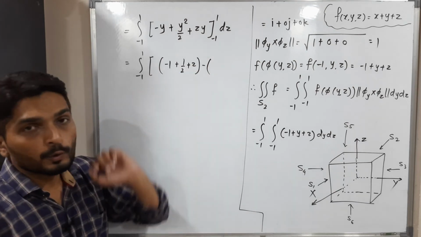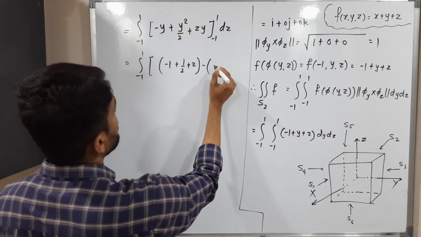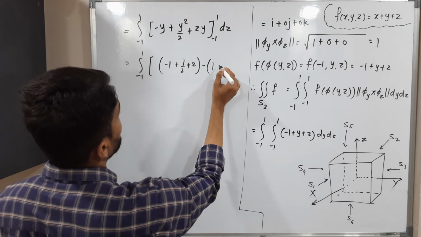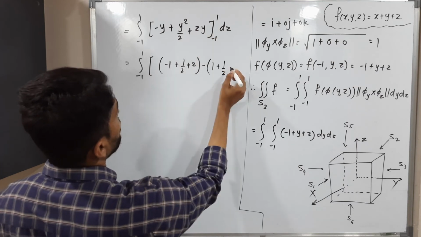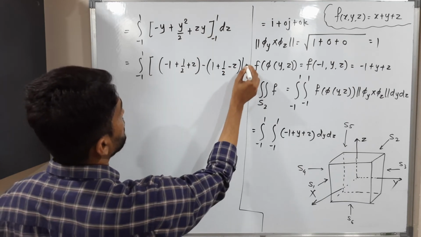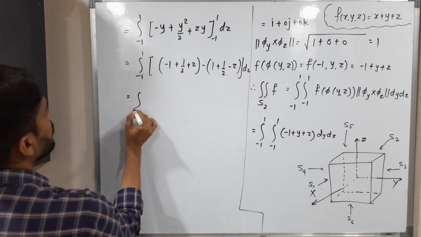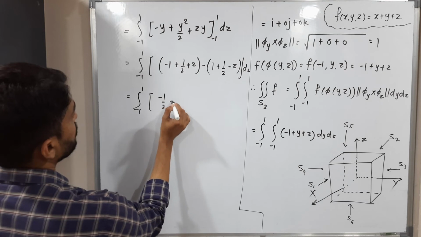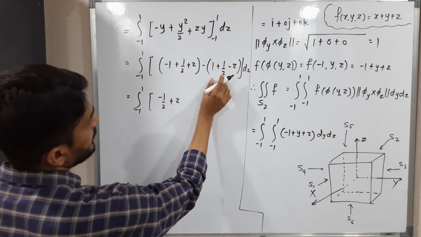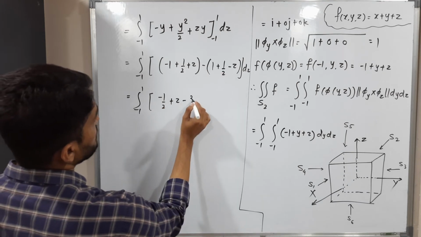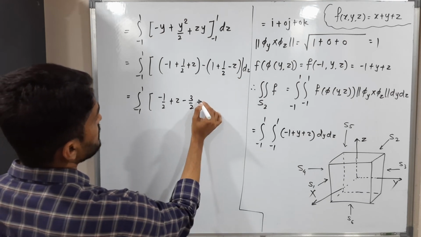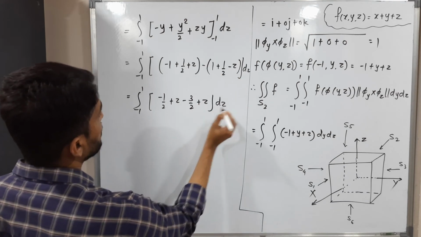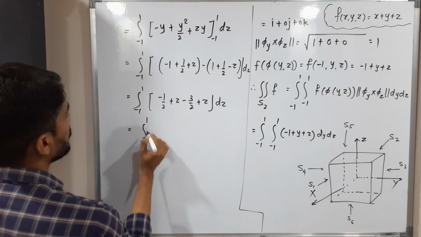After that I will put the lower limit: minus plus, the square of -1 is 1, and here we will have minus z, dz. So this is the integral from -1 to 1. Let us add. We'll have -1 by 2 plus z. If you add them, you will have 3 by 2, but there is a minus sign: minus 3 by 2 plus z, dz.